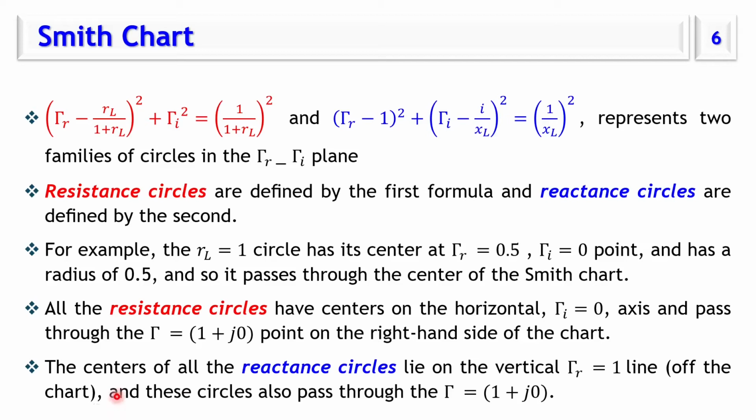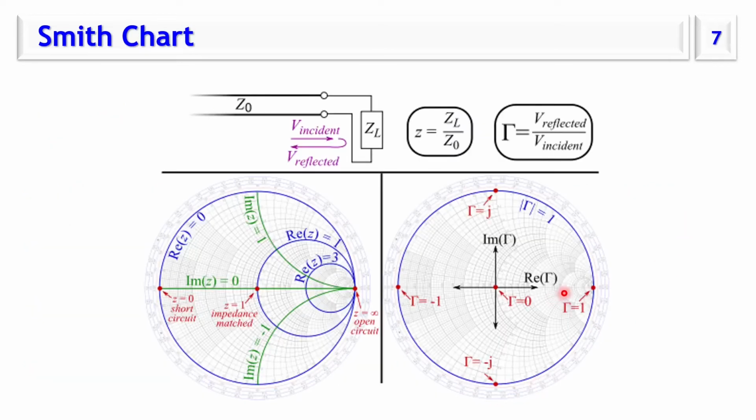Also, we'll find that all the circles pass through the point of 1 and 0, which is this point. So all the circles for constant real part of normalized load impedance pass through this point. All the circles for constant imaginary part of normalized load impedance pass through this point here.